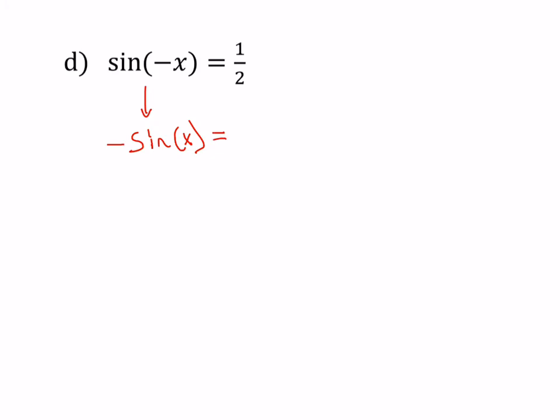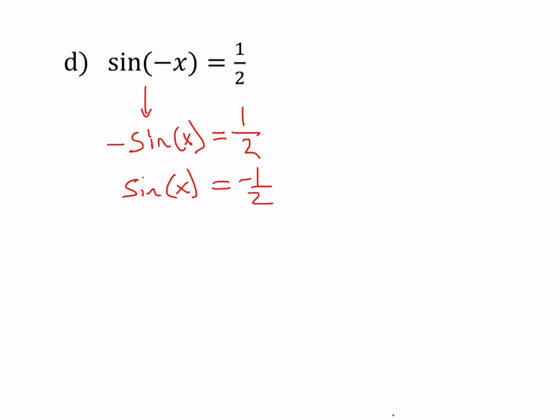For odd functions like x cubed, x to the 5th, things like that, when you put a negative inside, it ends up being the opposite of what it was originally. So that negative kind of pops out here. All right, so now let's multiply by negative 1 to get this negative to the other side. Let's rewrite it as sine of x equals negative 1/2.